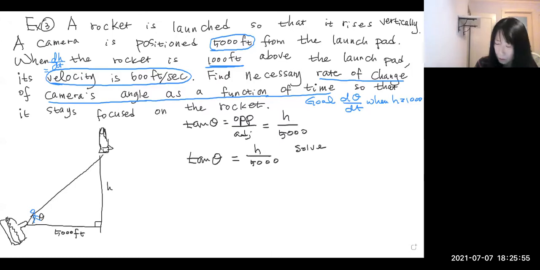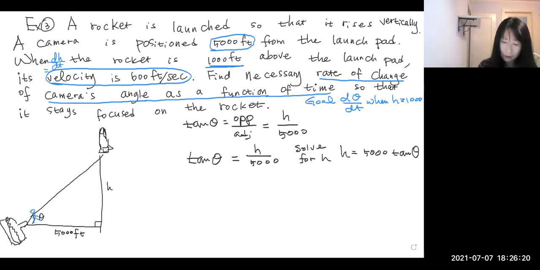So let's go back to the equation. So we're going to solve for h. Then we will have h equal to 5,000 tan theta.